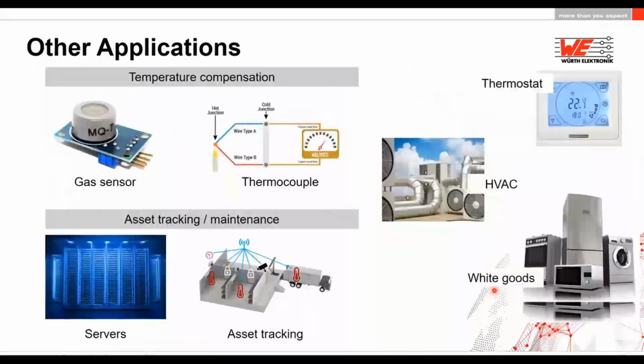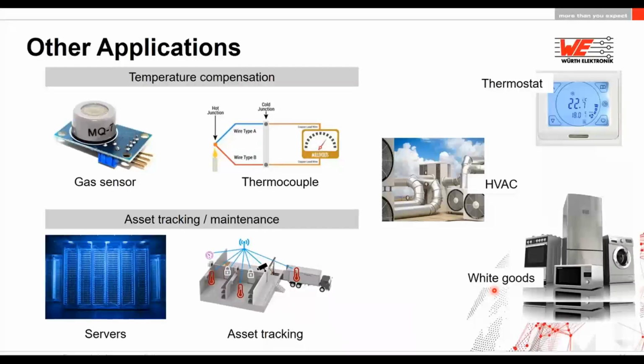Some of the other applications include temperature compensation for gas sensors and for thermocouples, as we already saw in the previous slides. Asset tracking, not just food tracking, but also other supply chains that need to track the temperature as well. Servers and server rooms, and HVAC applications, where the air temperature needs to be monitored in the ducts.